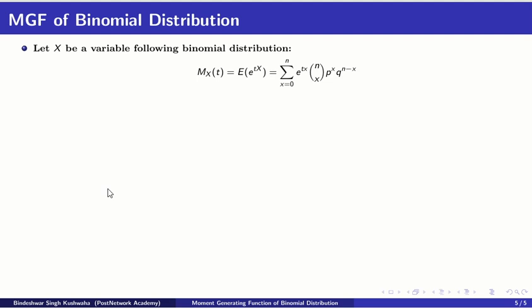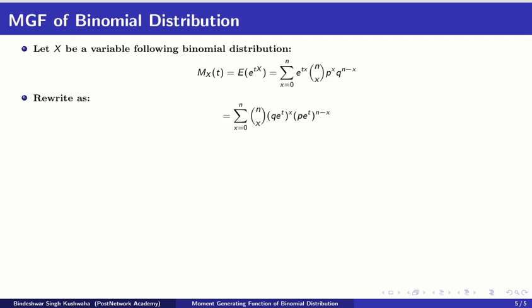I started with this because I wanted you to recall it. Now, let us see the moment generating function of the binomial distribution. Because the binomial distribution is a discrete distribution, we will use summation here. The moment generating function is the expected value of e raised tx, as we have seen.